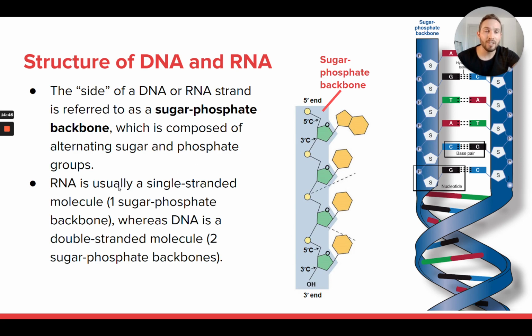Now, RNA is usually single-stranded, so it's usually just one long strand of nucleotides. It can be very long, some are shorter, some are longer. And so they only have one sugar phosphate backbone. It's one strand here with nitrogenous bases pointing out.